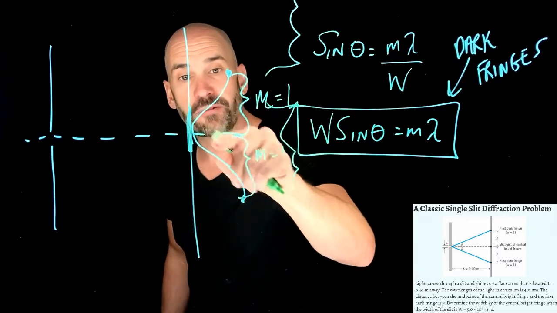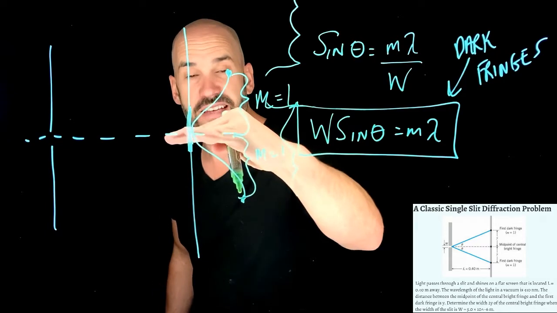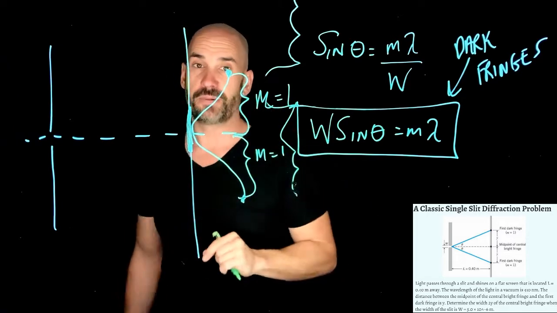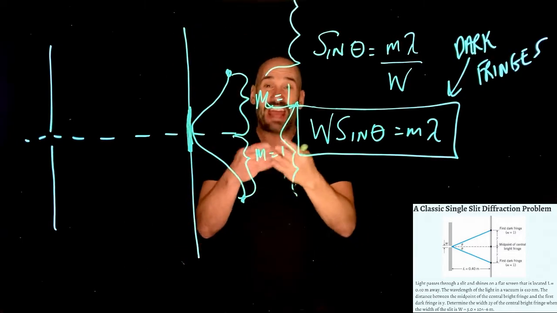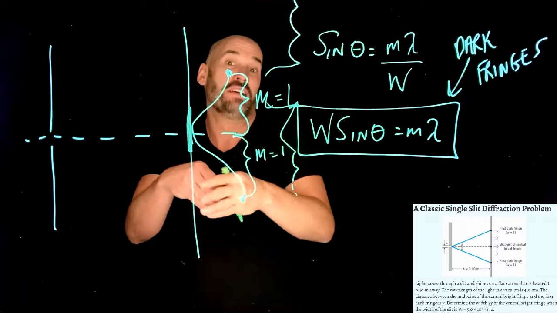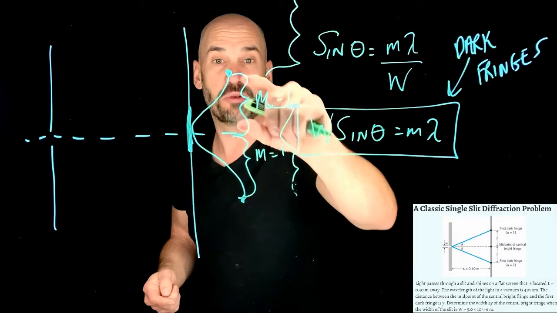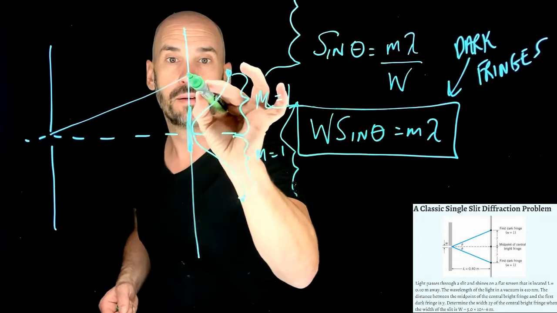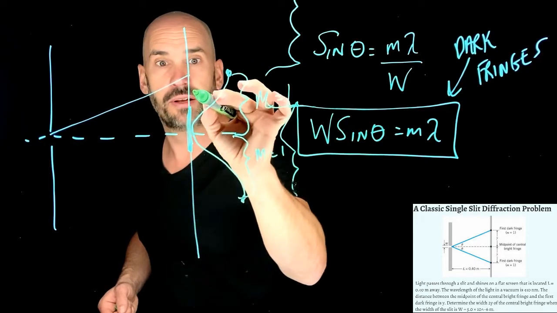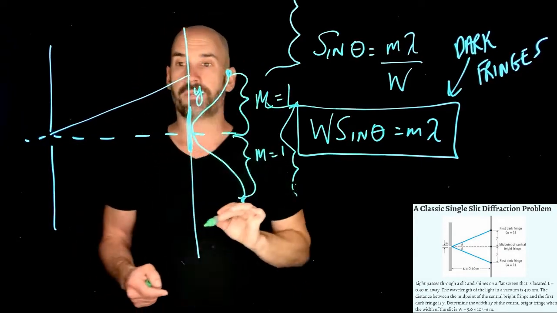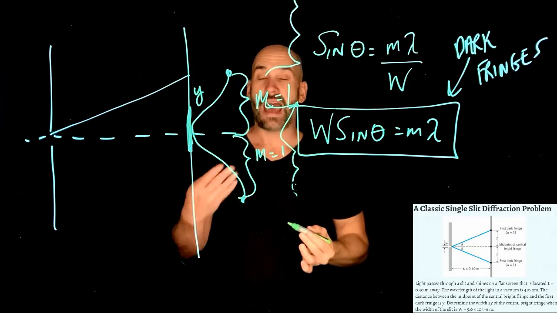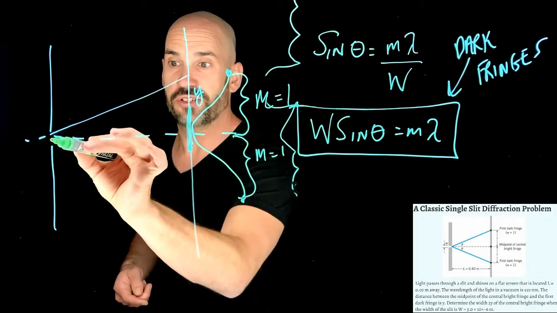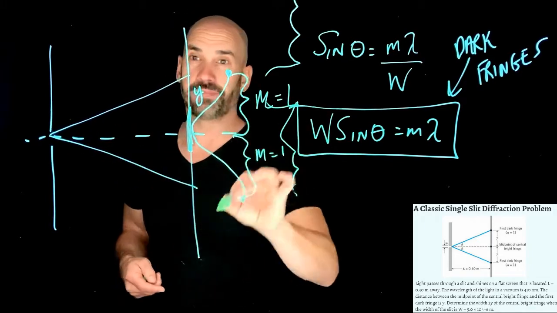Because the central bright fringe lasts from the center all the way up to the first dark fringe, right? The central fringe ends where it turns dark, right? So in order to get the width of that, we want m equals 1, the first dark fringe. If we can find this y, right, where the first dark fringe happens, okay, then we can actually find the width of this fringe because we would just take 2y.